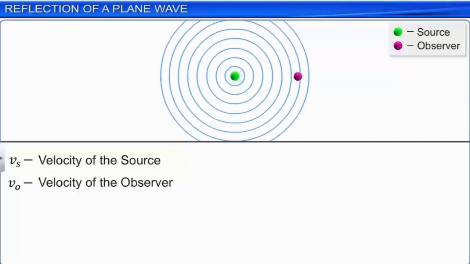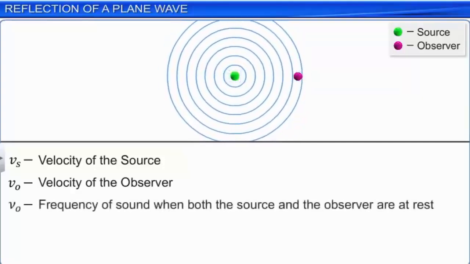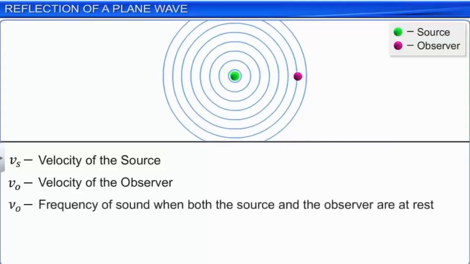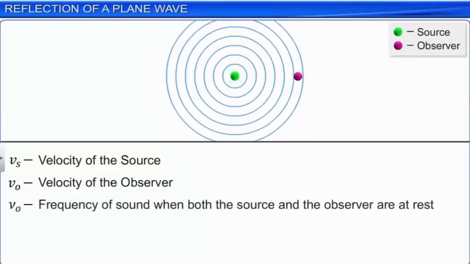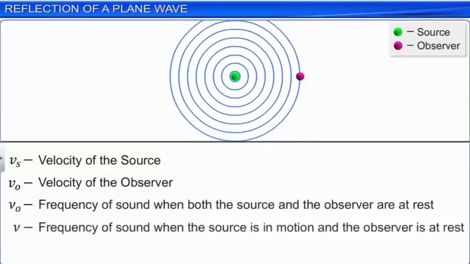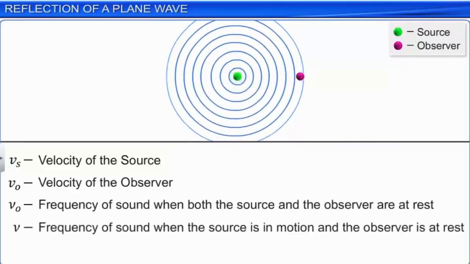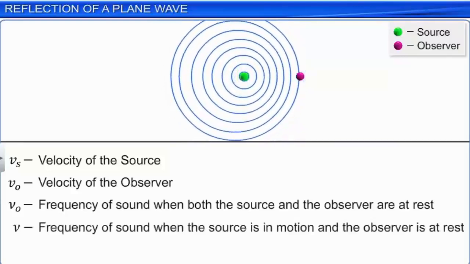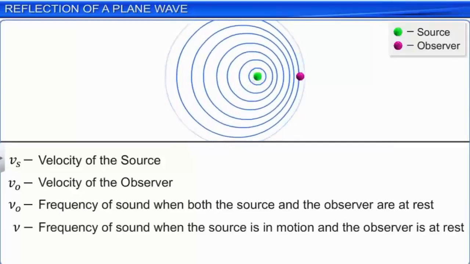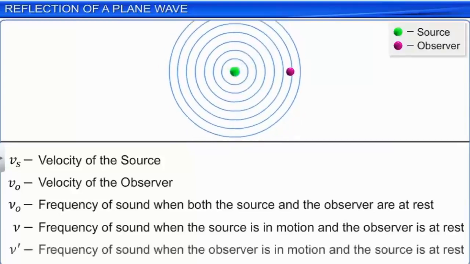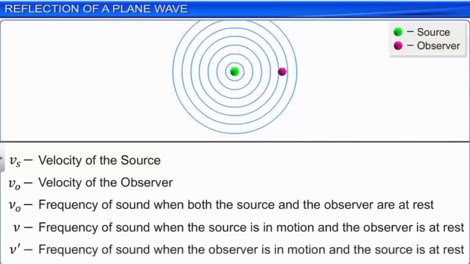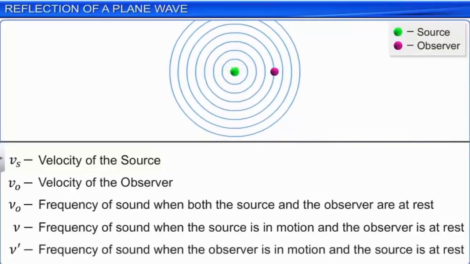Also, let nu0 be the frequency of sound when the source and the observer are stationary, nu be the frequency when the source is in motion and the observer is at rest, and nu' be the frequency when the observer is in motion and the source is at rest.